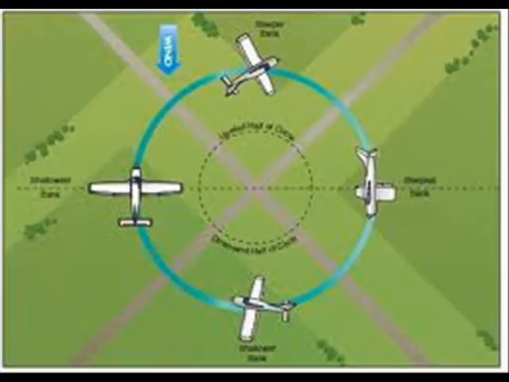Step number 1, you have the wind behind you, and you're immediately going to roll into your steepest bank. That's going to give you the highest ground speed, and it's going to give you a good equidistance around that ground reference maneuver.